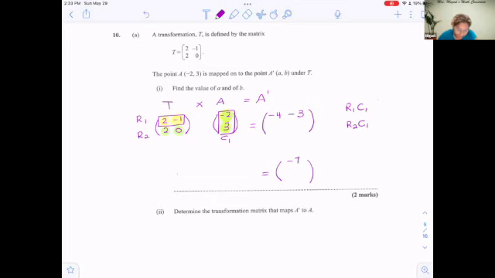All right, -2 by 2 is -4, and any number multiplied by 0 is 0. So I have -4, -7. Do you all have that?